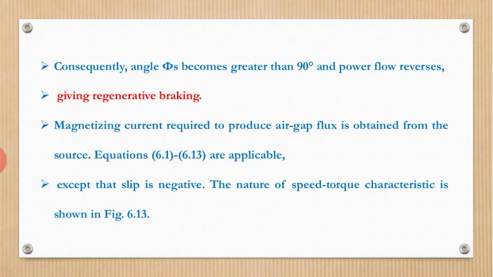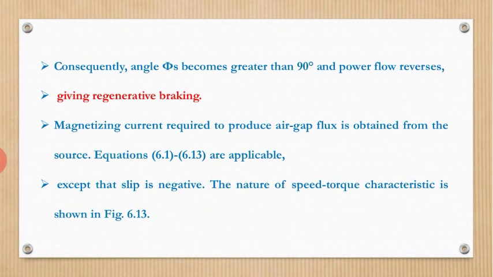Consequently phi_s becomes greater than 90 degrees and power flow reverses, giving regenerative braking. So for motoring operation the phase angle is less than 90 degrees, and for regenerative braking phi_s becomes greater than 90 degrees.